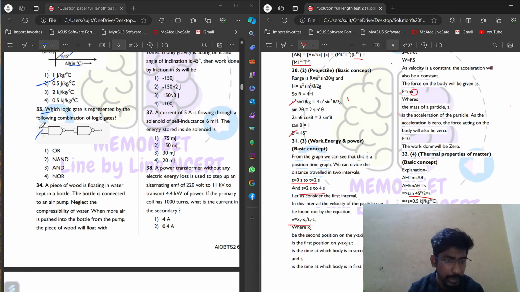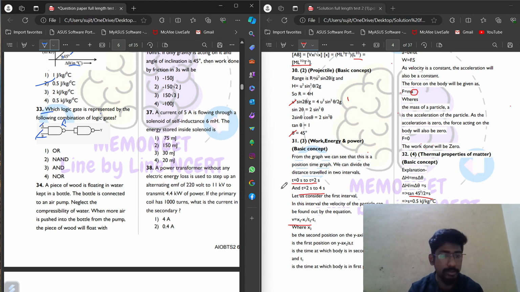Here A and B are the inputs, and Y is the output; another output here is P, right? So P will be equal to, for the NAND gate, sorry, no, this is not a NAND gate, it is an AND gate. So it will be equal to the complement of A dot B, right?